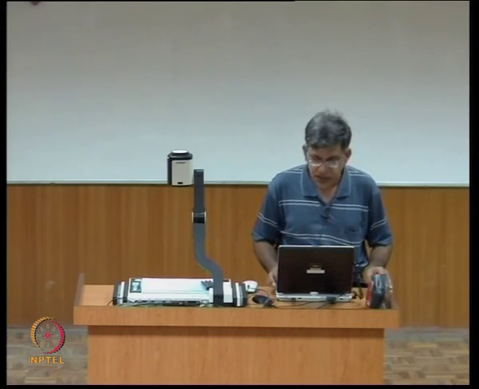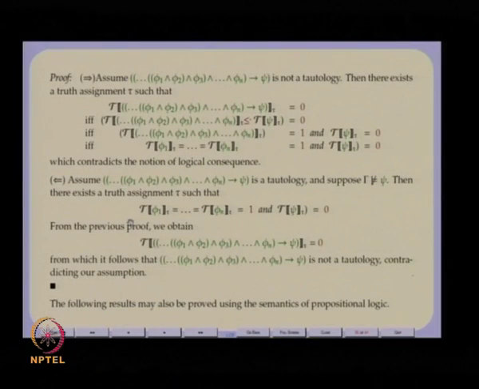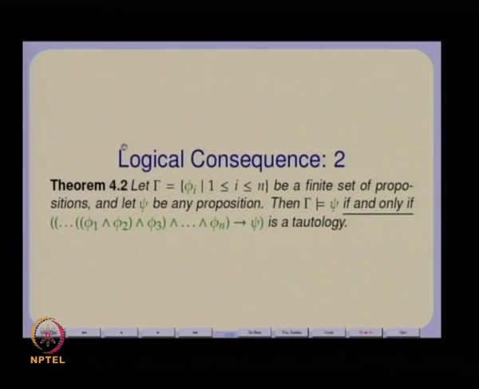To make all those things clear, let us look at this proof. I hope you are all able to see it. What I am going to do is use a standard proof by contradiction. Firstly, this is an if and only if characterization, which means that there are proofs.